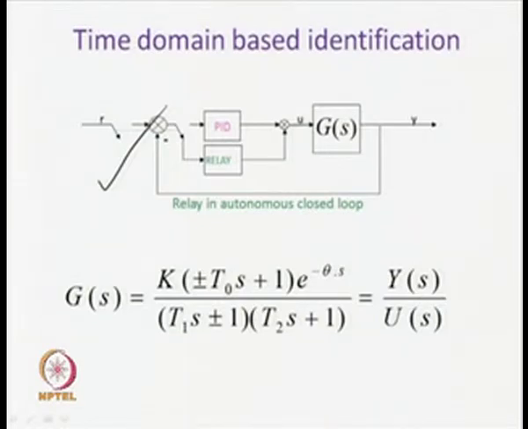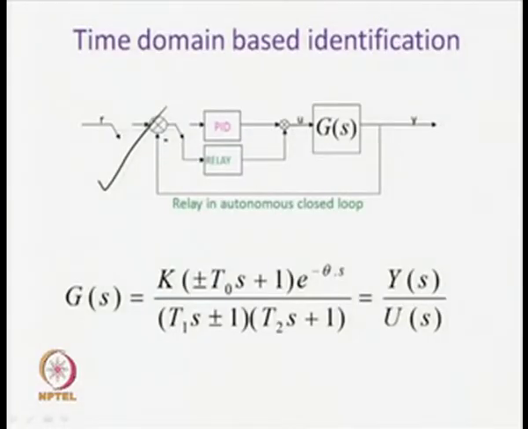And we have also assumed earlier the transfer function model to be identified is of the form G(s) = K (±T0 s + 1) e^(-θs) / ((T1 s ± 1)(T2 s + 1)). Now, G(s) is the dynamics of the actual system whose transfer function model is to be identified.